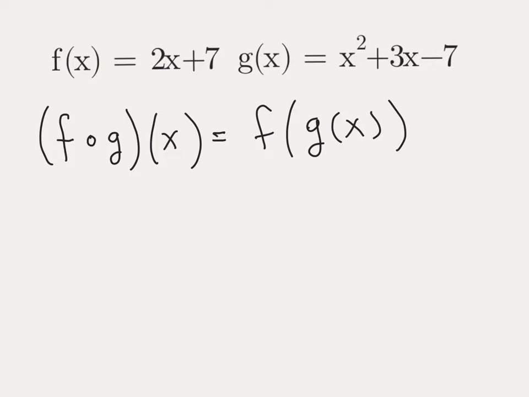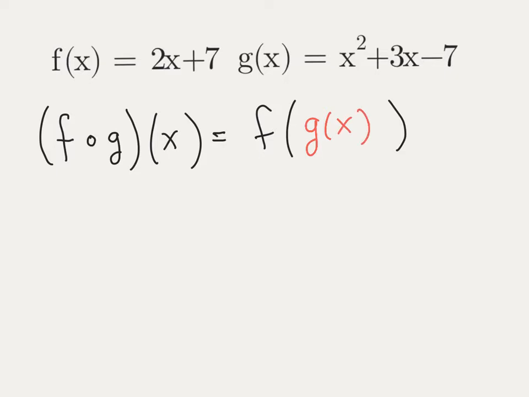So this is what I want to evaluate. Just as I did before, to help us out I'm going to erase this g of x, and change its color. So let's make it red.